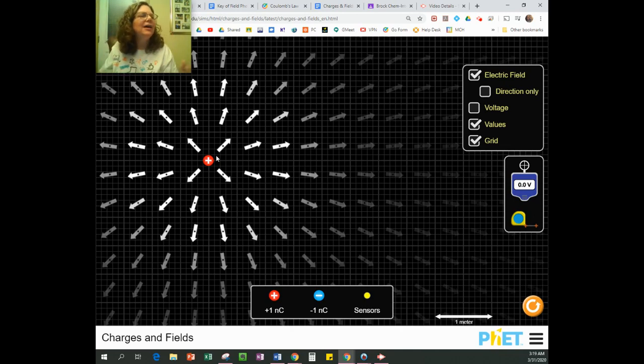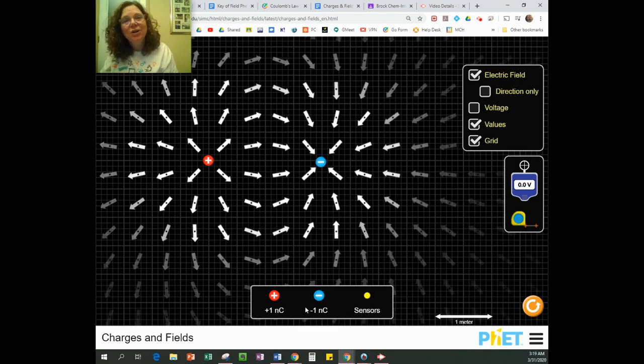All right, okay, so see all these arrows? That's the direction of force. All right, and if I put another one out here, it changes the direction of force. So what's happening here? Are they attracting? Are they repulsing? Well, look, they're different charges, plus and negative, right?